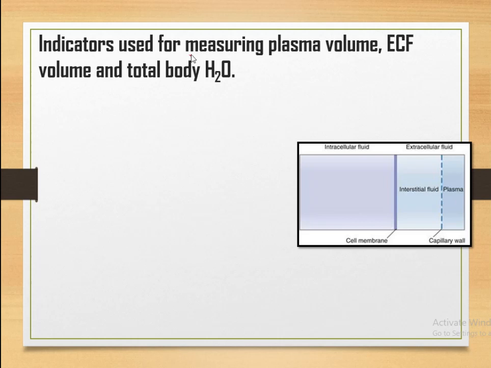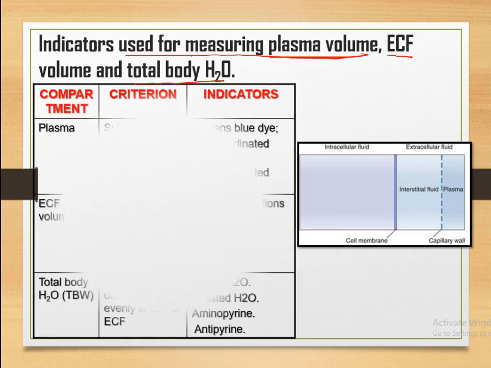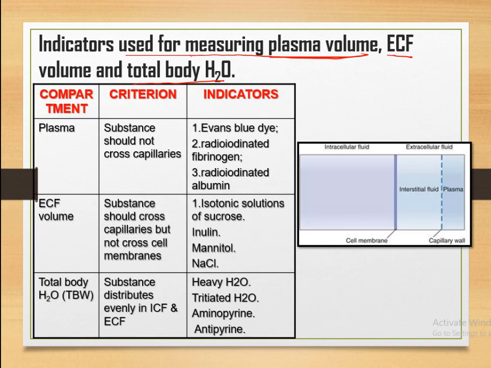So take note of what we are trying to look at: measuring plasma volume, which forms part of extracellular fluid, and we can also talk of the total body water. All right, so what's the criteria? What are some of the indicators used?